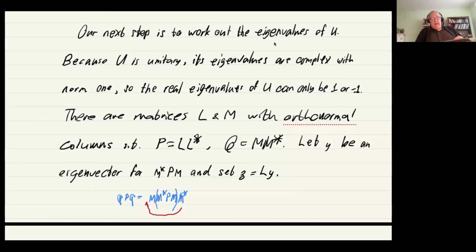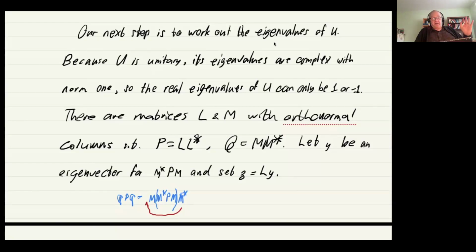So instead of working with QPQ, we can work with this matrix. Now, this is a smaller matrix because M's not square. The number of columns of M is the rank of Q. Okay, so this is a smaller matrix, and so it makes sense to work with a smaller matrix. And so it's got the same eigenvalues.